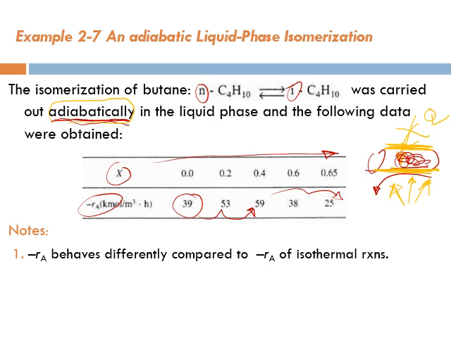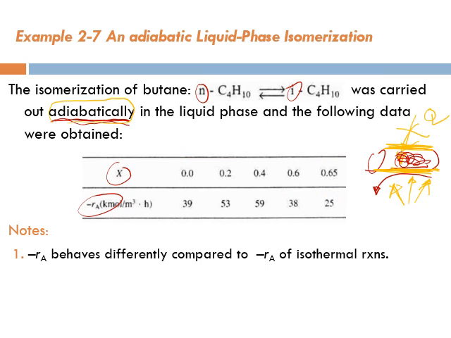What about the concentration? Well, as the reaction progresses, whether you have exothermic reaction or endothermic reaction, so long as the reaction is progressing, the conversion is increasing, the concentration decreases. So now let's explain what's happening here.